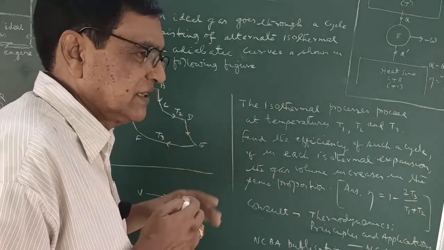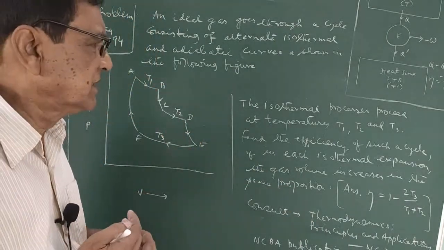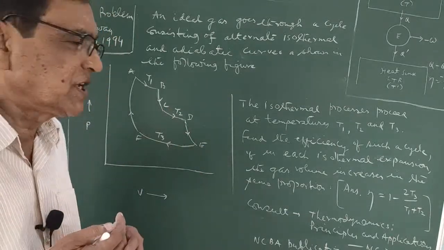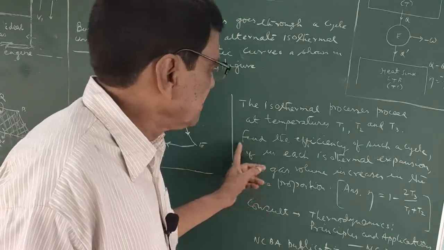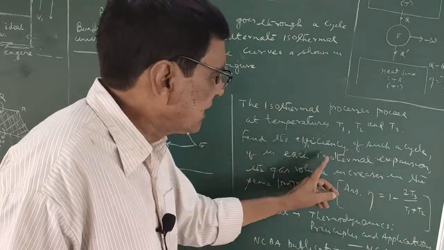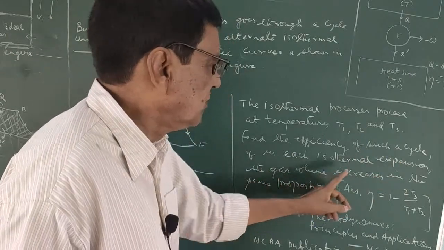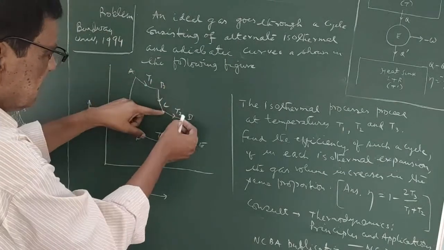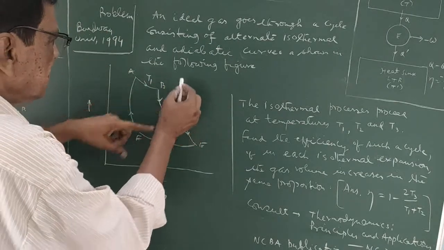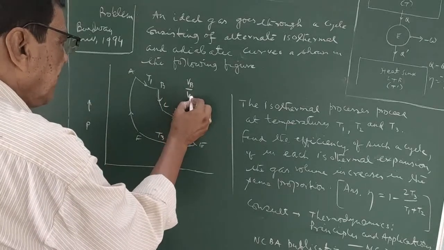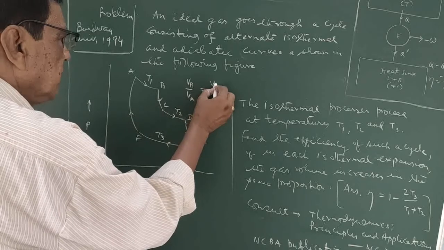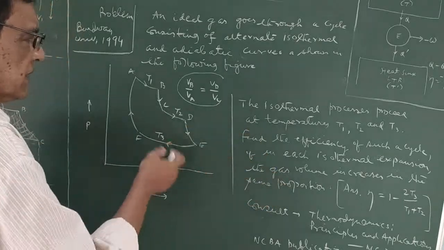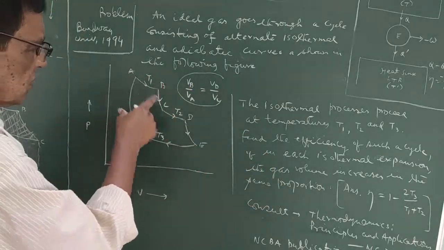Considering all these steps, there will be 6 steps, 6 works done. You will have to calculate, then sum up and find the efficiency of such an engine, if in each isothermal expansion the gas volume increases in the same proportion. That means VB by VA equals VD by VC, and this has been given as a clue.